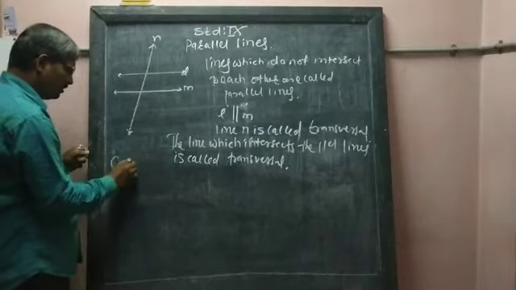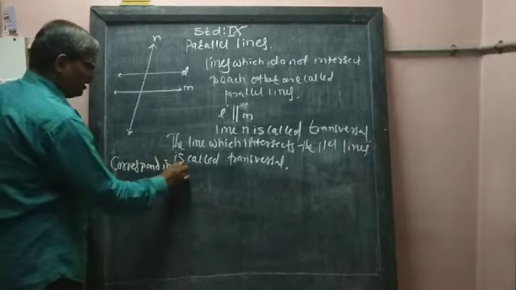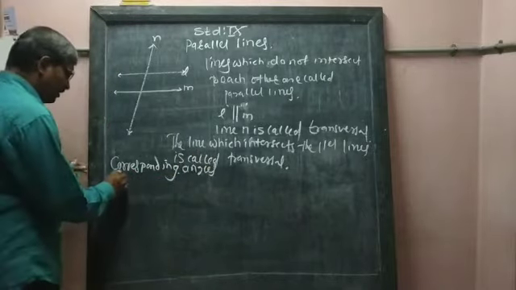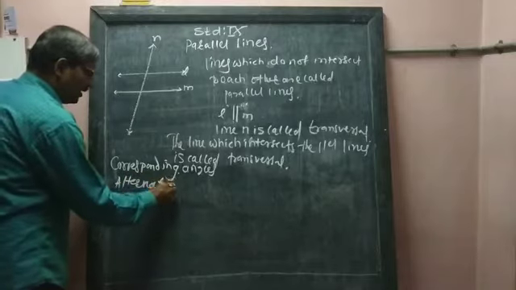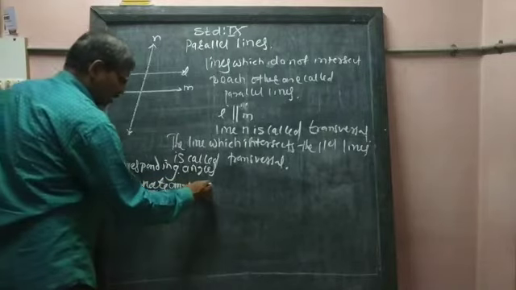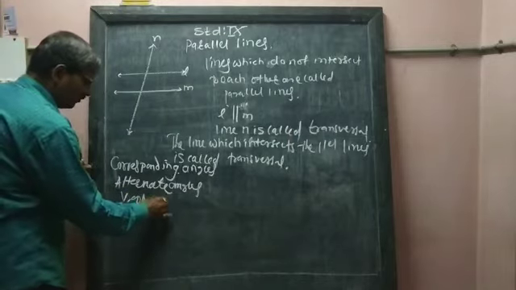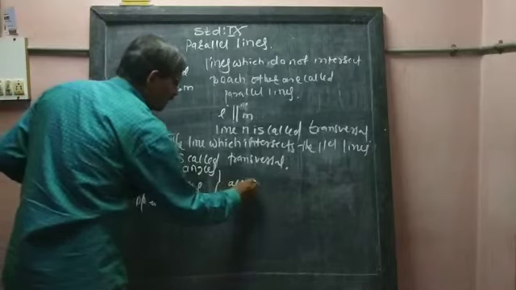Now I am going to tell you about corresponding angles. This is the most important thing. Corresponding angles are congruent to each other. Corresponding angles, alternate angles, and vertically opposite angles are all congruent.